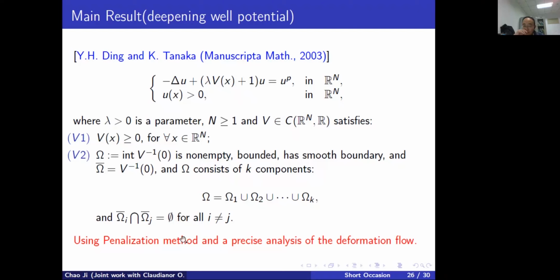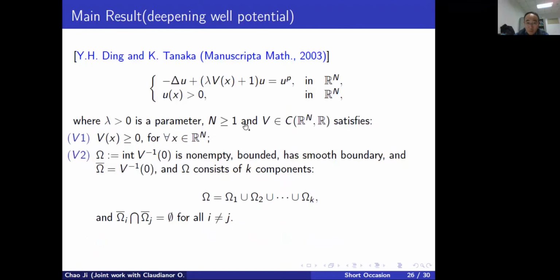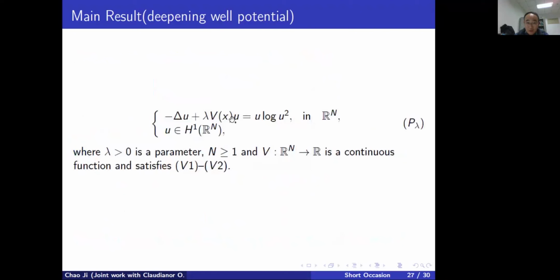So we consider this equation, where there is a logarithmic nonlinear term. Compare these two equations. Here is 1, here is no 1, because the derivative of u square times log u square has 2 terms, so we should delete 1.